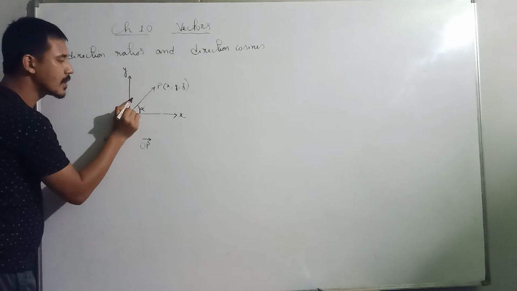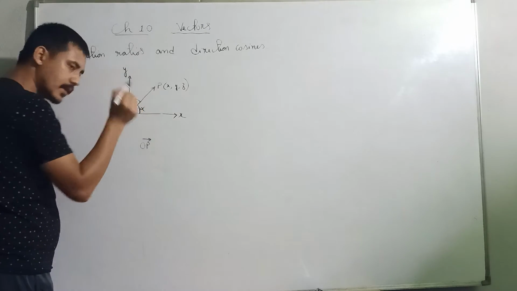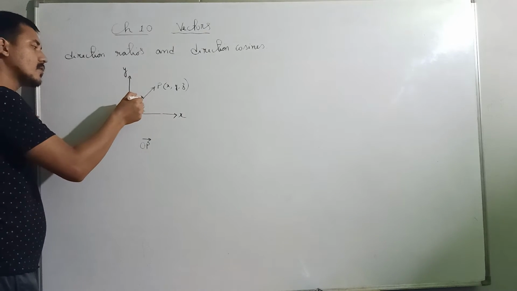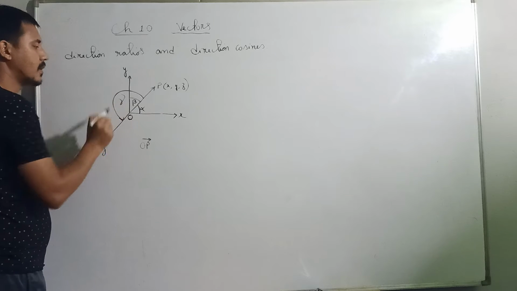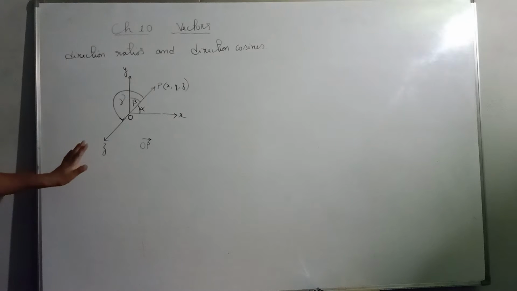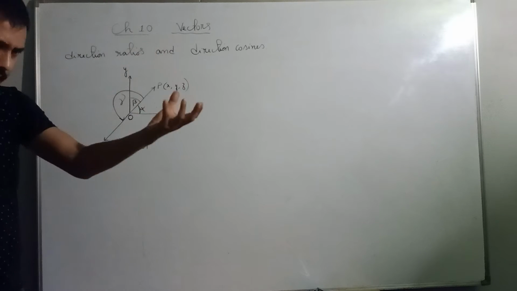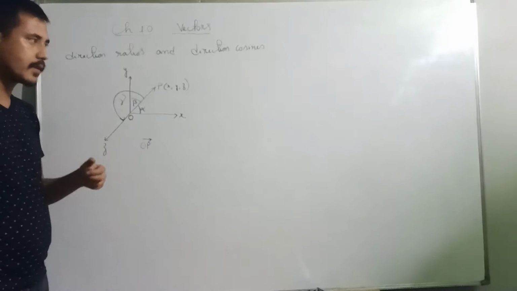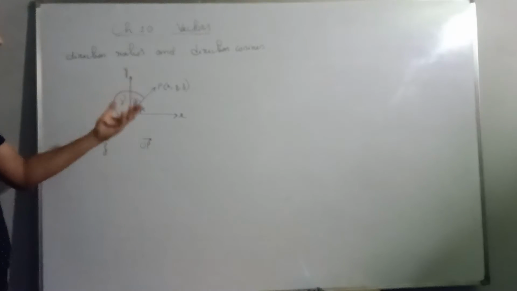It is also making some angle with the y-axis, let me denote it by beta. And it is also making some angle with the z-axis, let me take it as gamma.